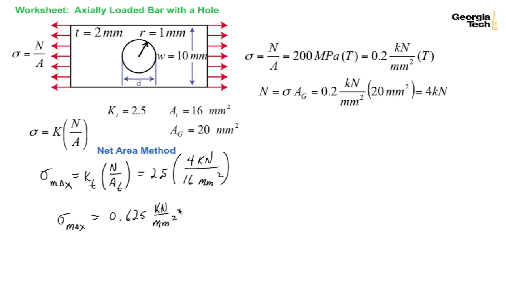It's going to be in tension, and that ends up being 625 megapascals in tension, since 1 kilonewton per millimeter squared is equal to 1,000 megapascals. So that's the answer for the maximum stress using the net area method.